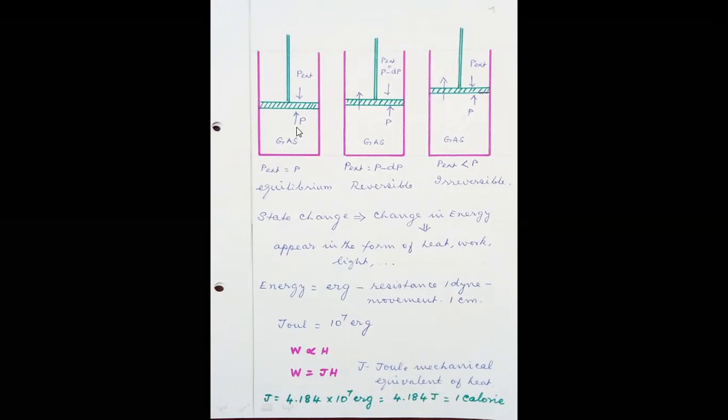Suppose this cylinder is filled with a gas. According to the kinetic theory of gases, the gas molecules are not stationary, and they are experiencing constant collision, and there is no energy loss during the collision. They are not only colliding with each other, they collide on the walls of the container also.